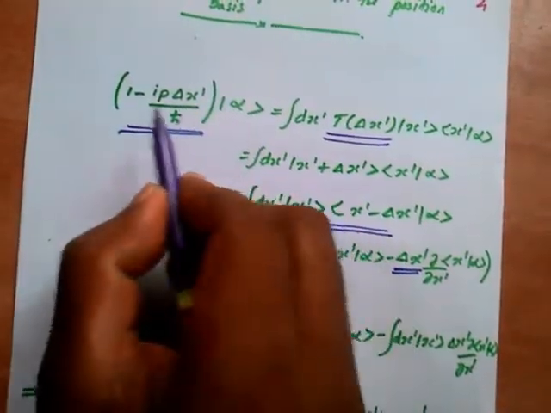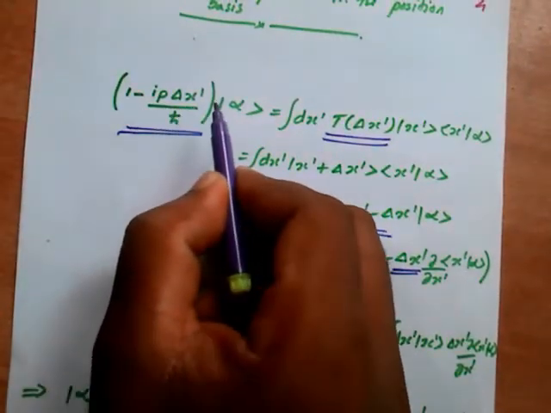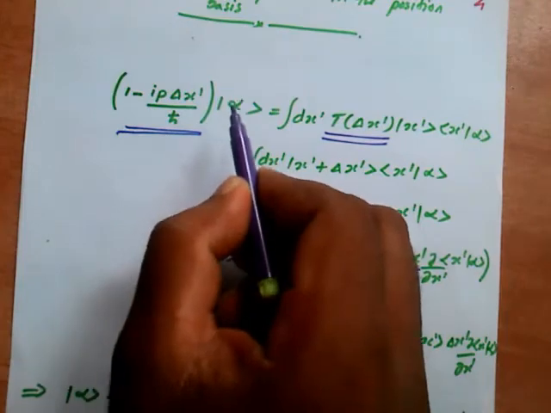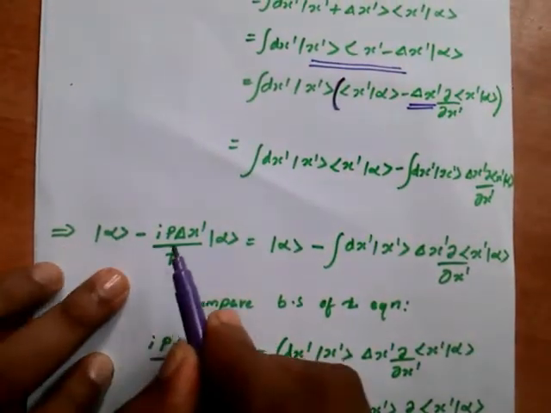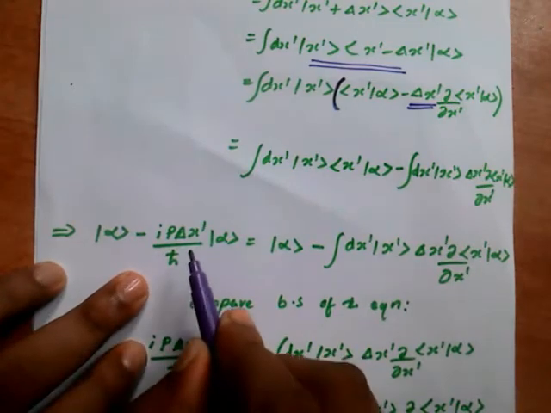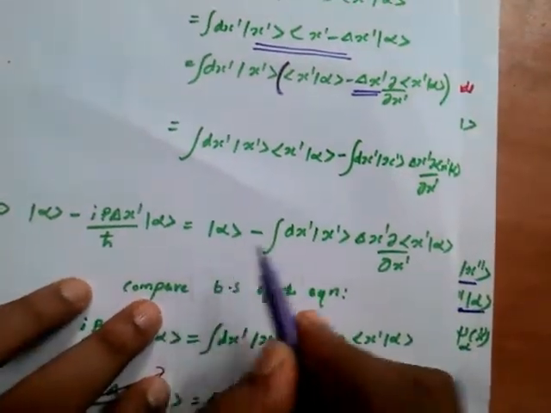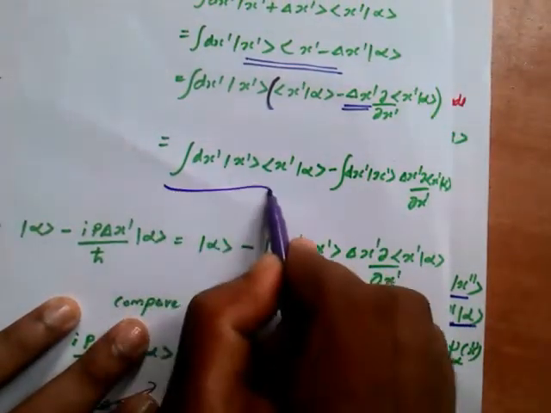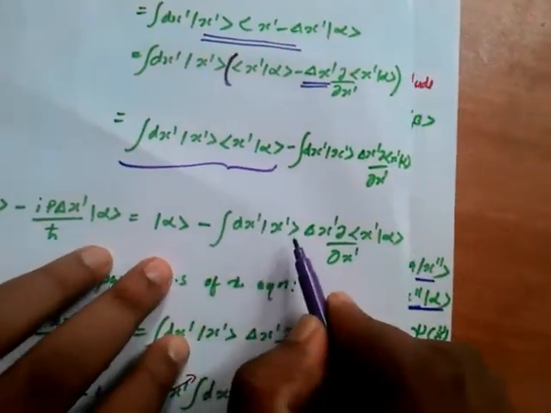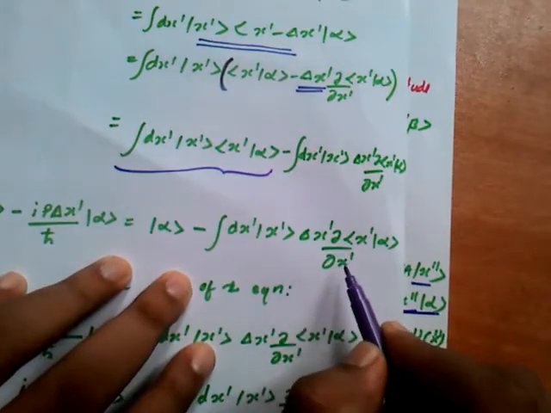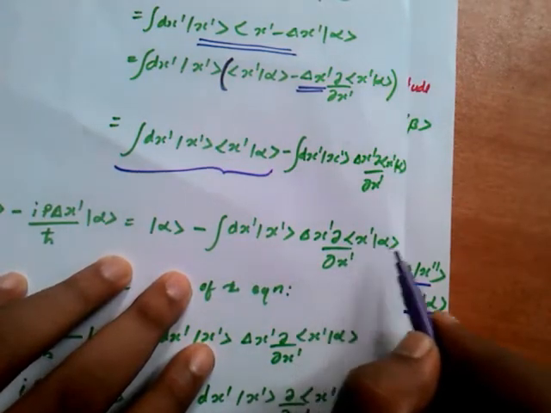LHS we can write 1 minus i p delta x dash divided by h cross operating on alpha as alpha minus i p delta x dash divided by h cross alpha, that is equal to alpha minus integral dx dash x dash delta x dash dou by dou x dash of inner product of x dash alpha.